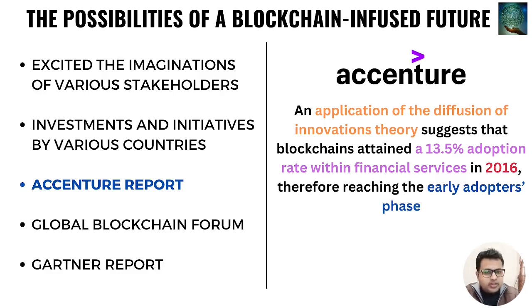So in 2016, blockchain technology reached the early adopters phase because 13.5% of companies all across the globe started adopting blockchain technology. So we can see blockchain is still quite a new field. Only 13.5% adoption in 2016. It's a big opportunity, and definitely it will grow. It will be the next big thing.